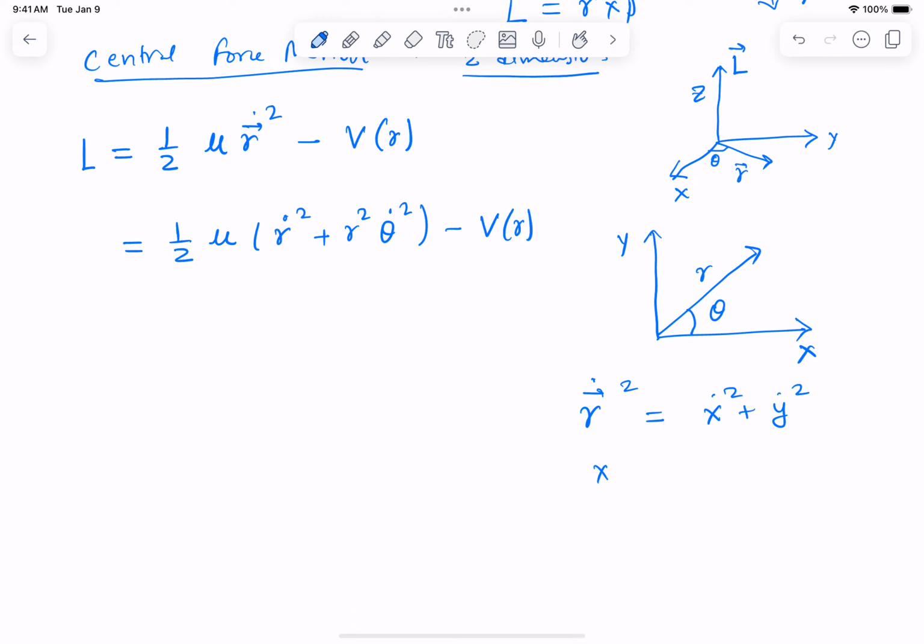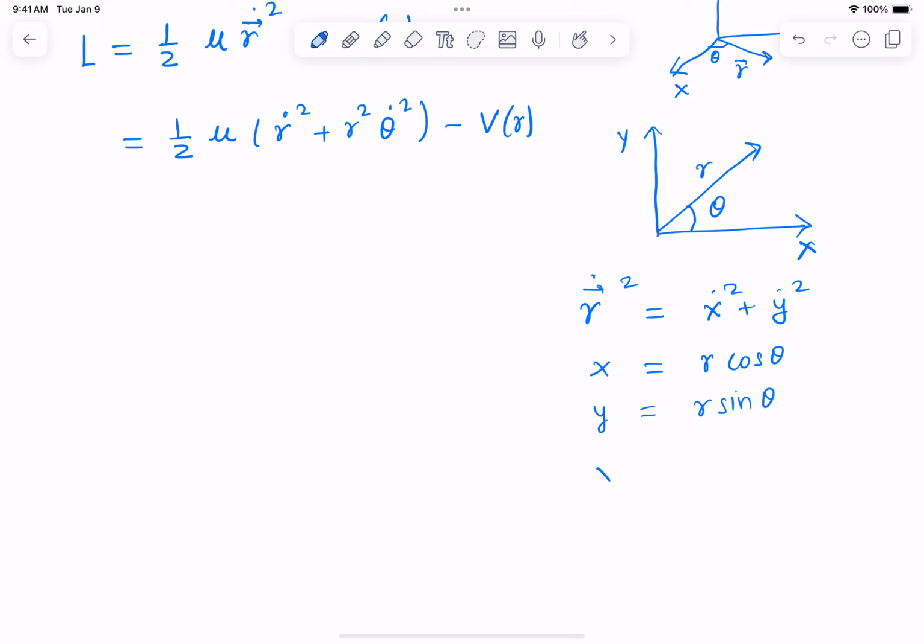And x is equal to r cosine theta, and y is equal to r sine theta.